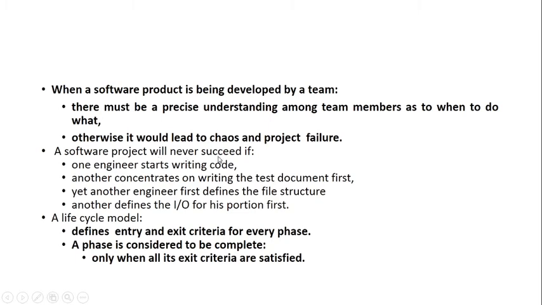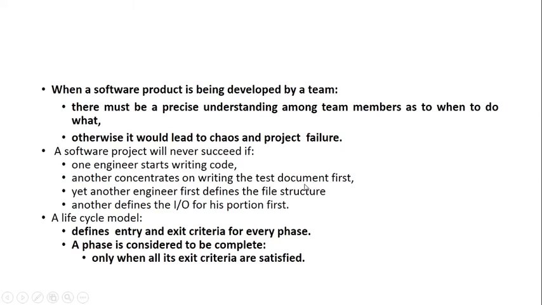A software project will never succeed if one engineer starts writing the code. If you're not going for requirement analysis, designing, planning and everything, and you directly go and write the code, it will definitely fail because you have not clarified the requirements, neither have you prepared the plan, nothing. Another concentrates on writing the test document first.